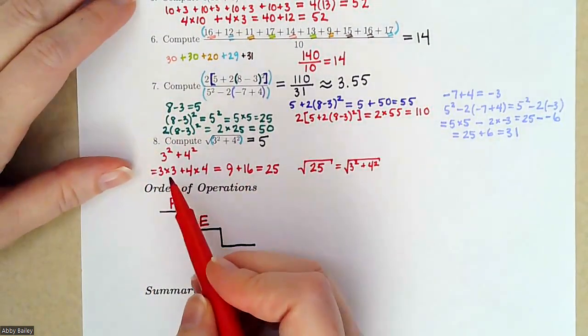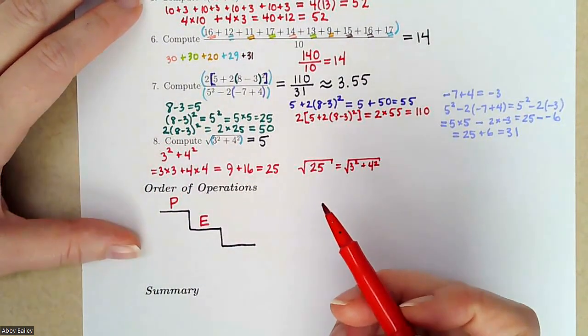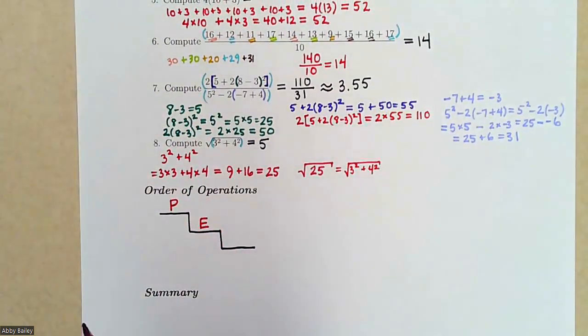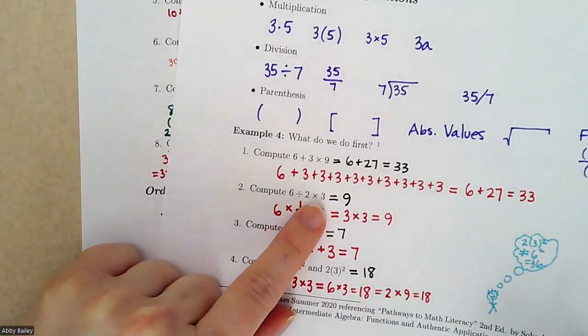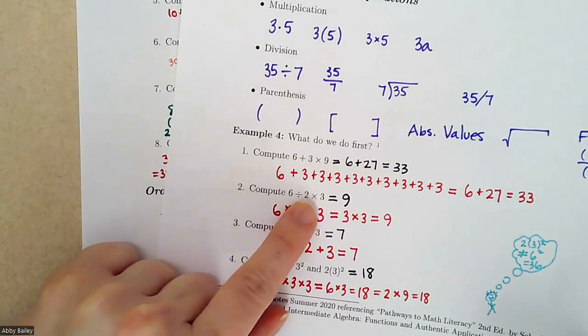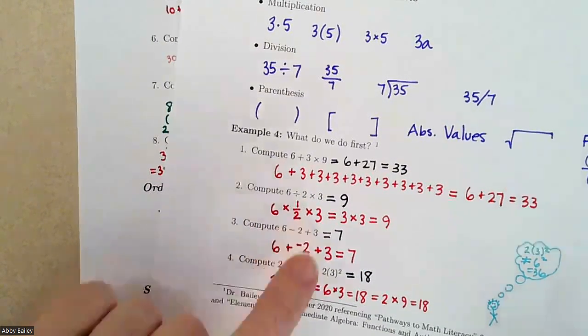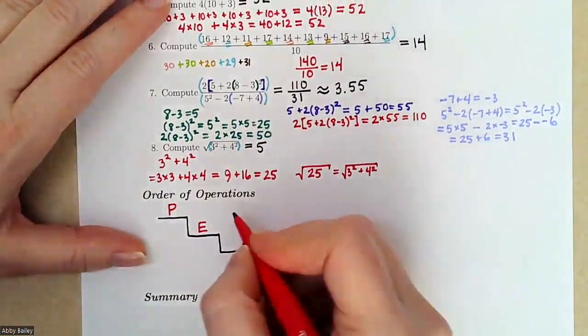Well, multiplication was repeated addition, like in number 1. So we multiplied first. But we also saw in example number 2 that if we had division and multiplication, we could do them from left to right; they had equal footing. So division and multiplication have equal footing.